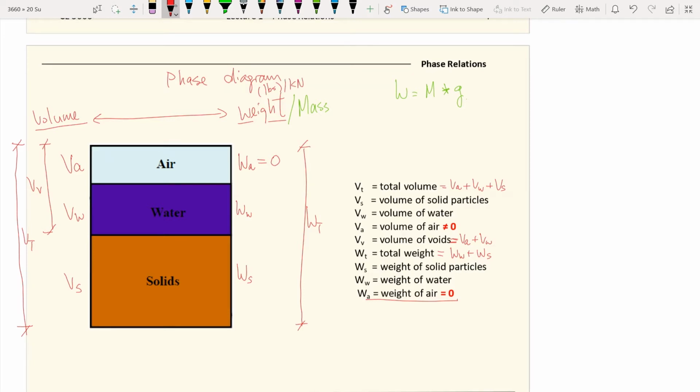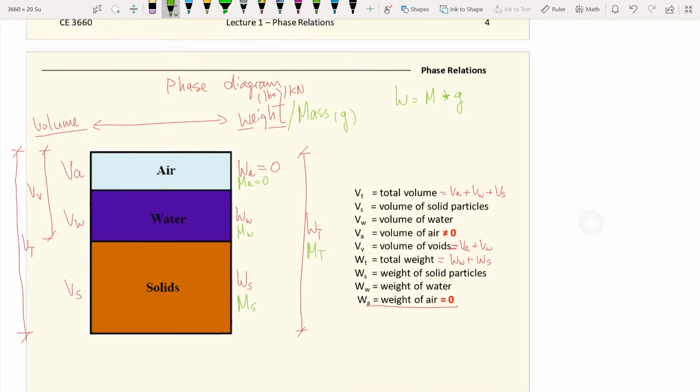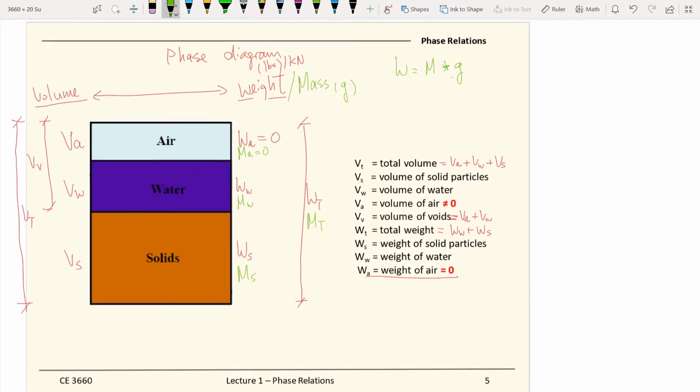Or mass usually is represented in grams. So sometimes you have the mass of the air, which is also equal to zero, the mass of the water, the mass of the solid, and also the total mass. So realize that the mass and the weight are essentially the same thing, differing just by the constant of gravity.